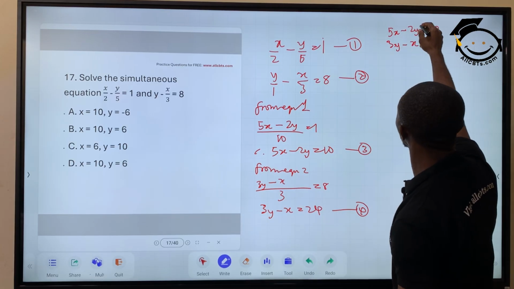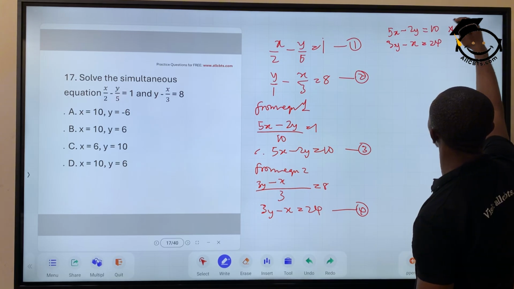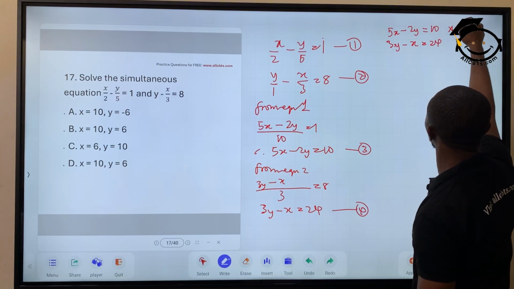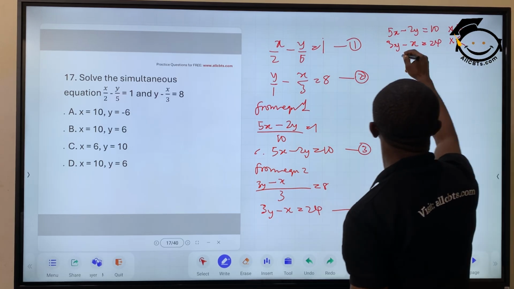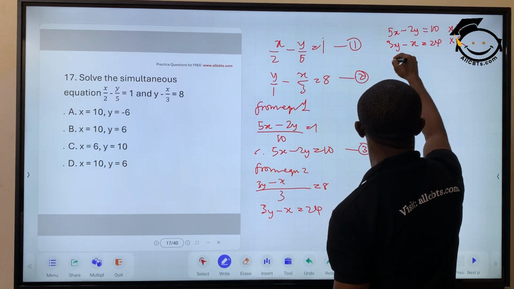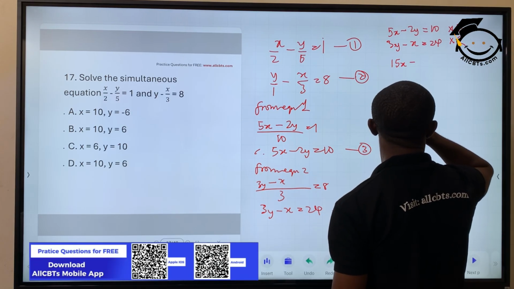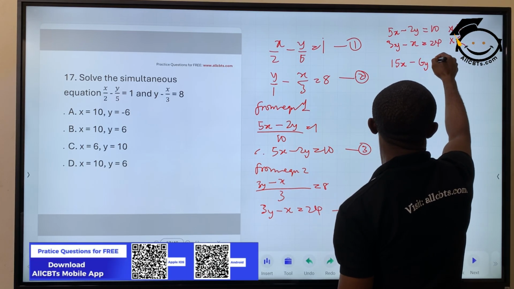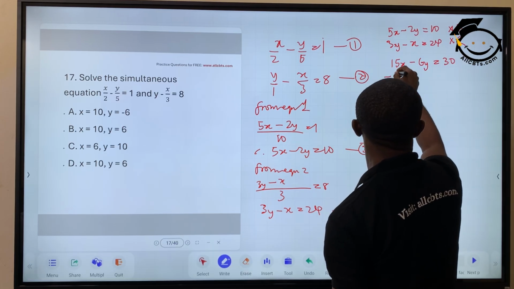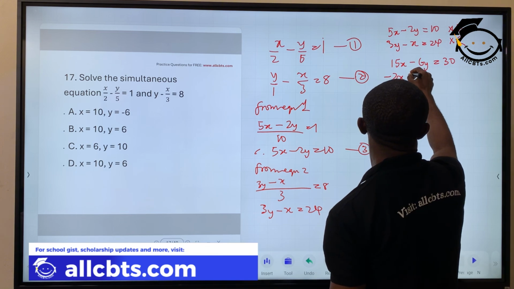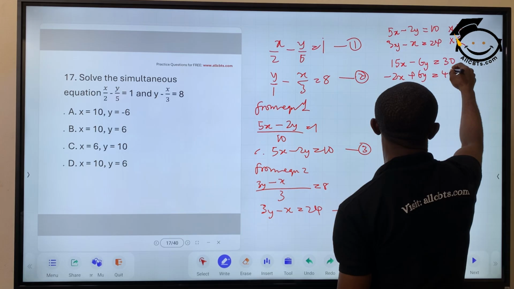So we need to make our y the same for elimination. We'll multiply equation 3 by 3 and equation 4 by 2. So 3 times 5 gives us 15x minus 6y equals 30, and this gives us minus 2x plus 6y equals 48.